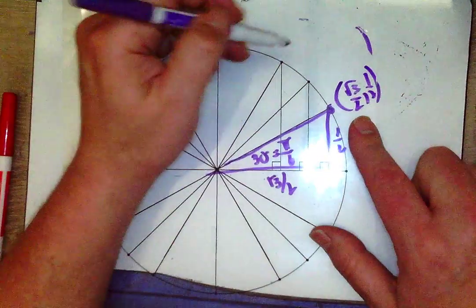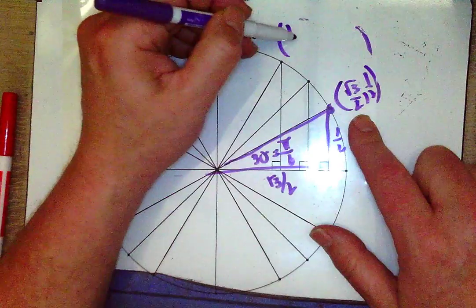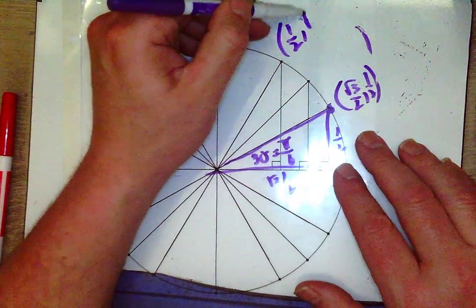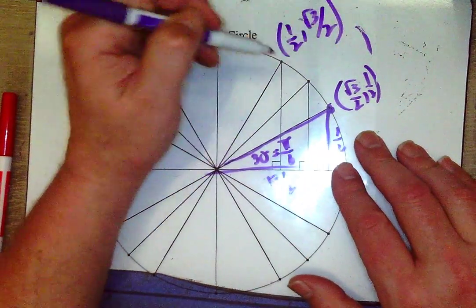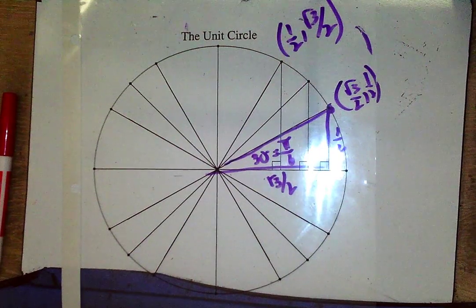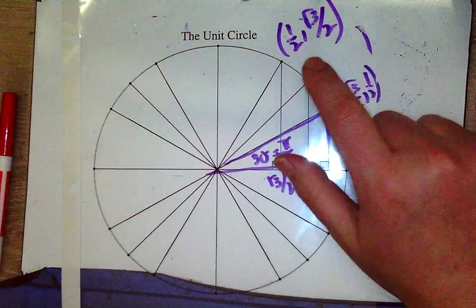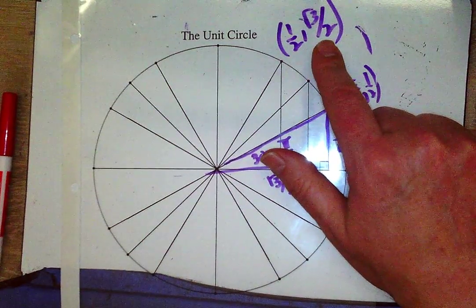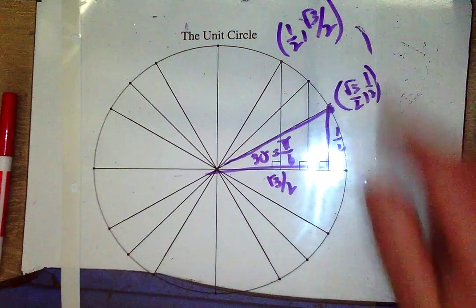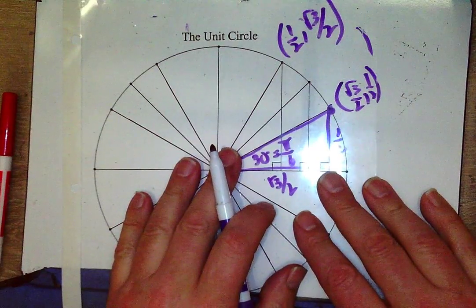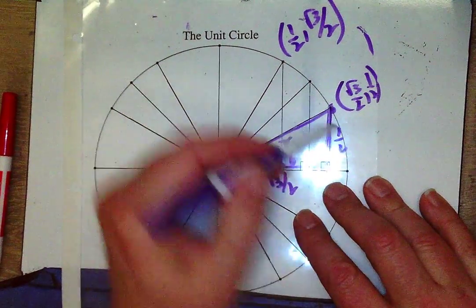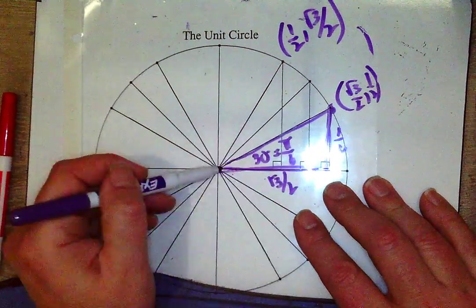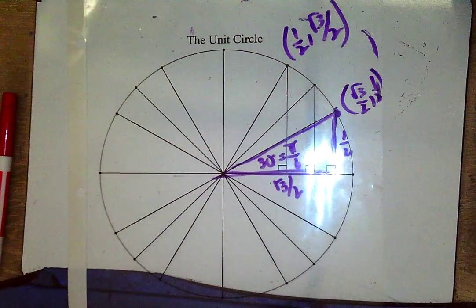Now, sometimes students switch these. And one of the things that I'm told helps them remember is that 1/2 is much smaller than root 3 over 2. And so when I'm looking at this triangle, the short leg is 1/2, and the long leg is root 3 over 2.